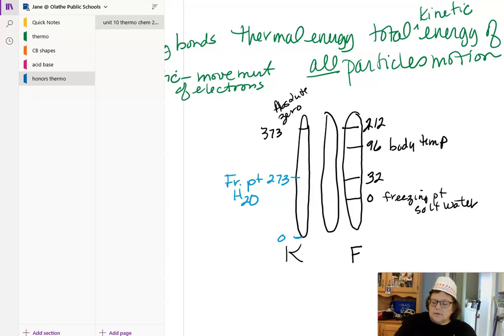And then he set 32 at freezing point of water. Now, if you take 96 minus 32, that is 64. 64 can be divided in half, in which you get 32. 32 can be divided in half, in which you get 16. 16 can be divided in half, in which you get 8. 8 can be divided in half, in which you get 4. 4 divided by half, 2. 2 divided by half, 1.